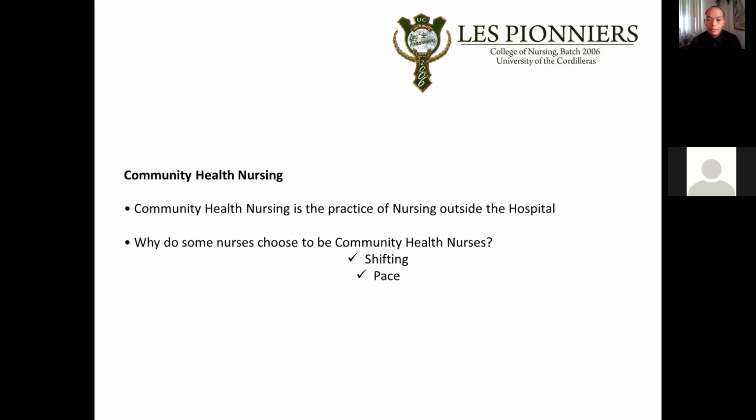Why do some nurses choose to be community health nurses? The shifting. When you say shifting, it is either because they do not like the shifting in the hospital. If you work in a hospital, what could be the shift?